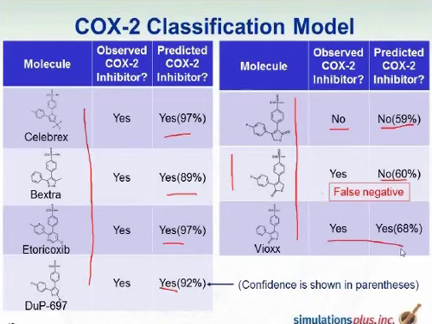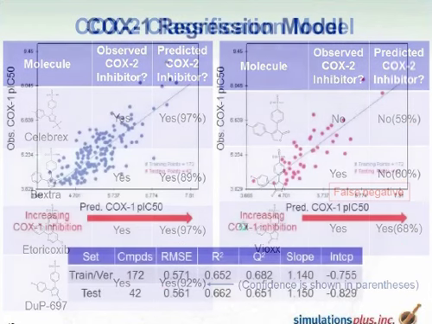And then finally, you'll see we did predict Vioxx correctly, and you'll see that the difference between these two compounds is only this fluorine in this position. So the model was sensitive to very small changes, but you can never get everything right.